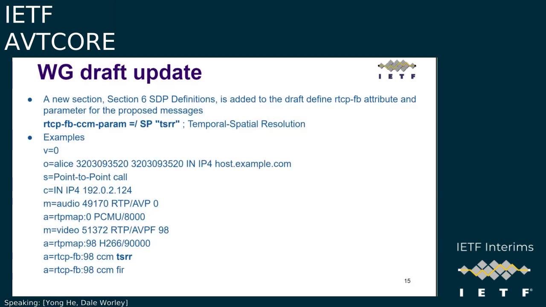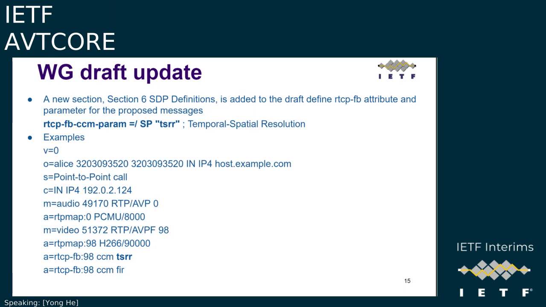The main update in the WG draft is based on the comment we received that the spatial temporal adaptation should collaborate with the SDP update. So a new Section 6, SDP definition, is added to the draft to define the RTCP FB attribute and parameters for the proposed message, along with RFC 5104.